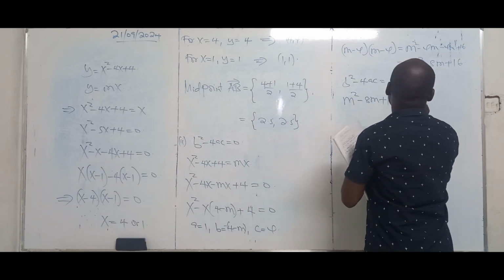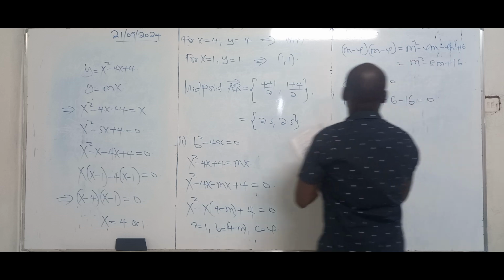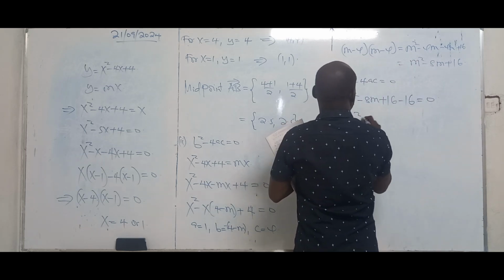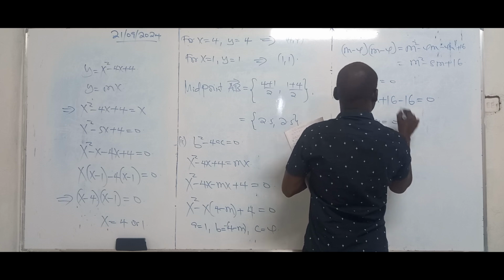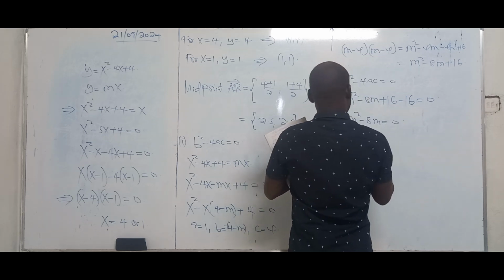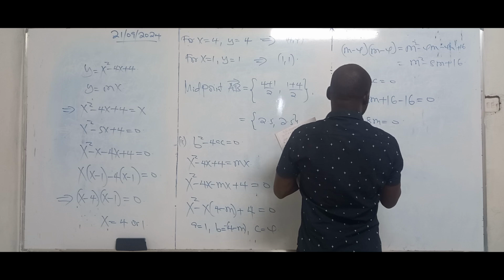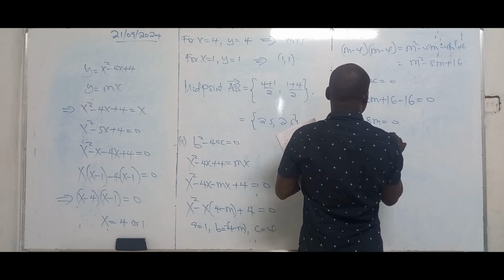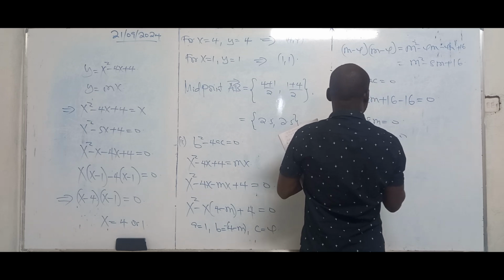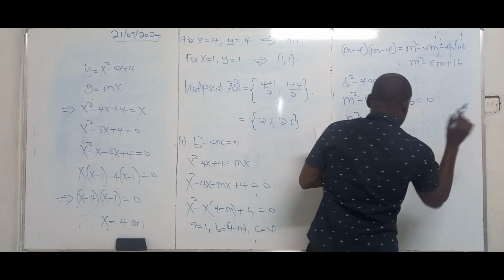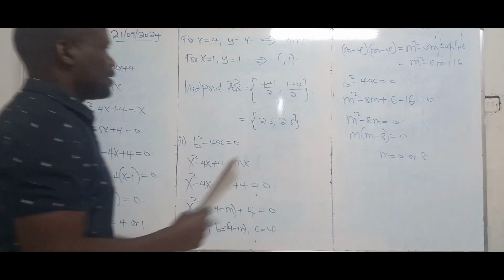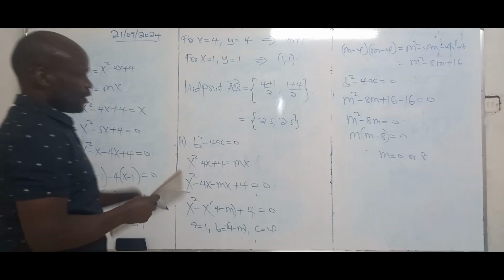So minus 16 is equal to 0. So that means I have m squared minus 8m is equal to 0. And so if I factorize m here, I'll be having m minus 8 is equal to 0. Therefore, m is 0 or 8. It's just that. That makes no difference.